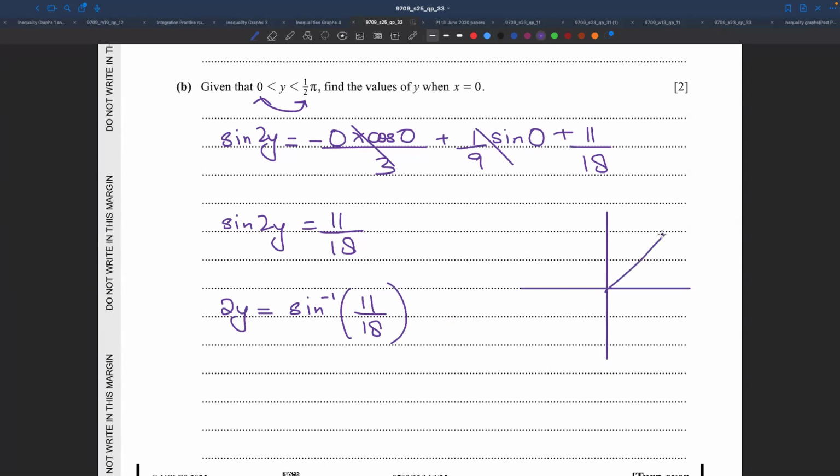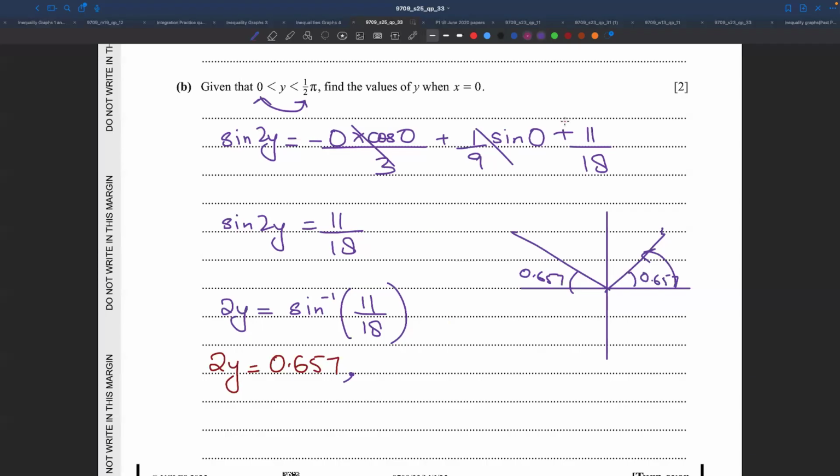One of the values would be, what's the basic angle? Sine inverse of 11 upon 18 is 0.657. So you never forget your basics. You will make your basic angle over here and over here. Now when I find the value of y, one of the answers will be 2y equal to 0.657.